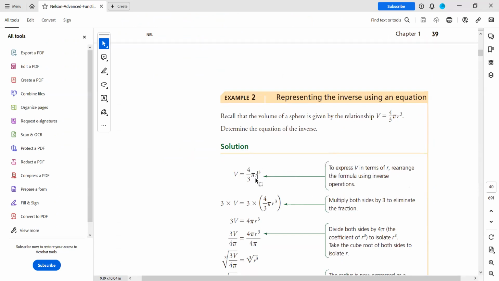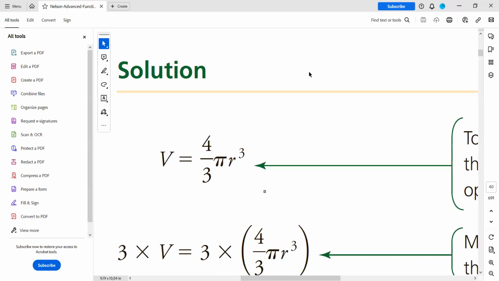And to do so, we're going to rearrange our components in this function, right? We have v on the left side, which is volume, and r, which is radius, on the right side. And we would like to find exactly the opposite. We want to have volume separate from r and r separate from everything else.